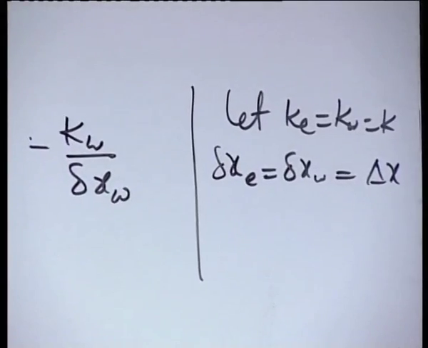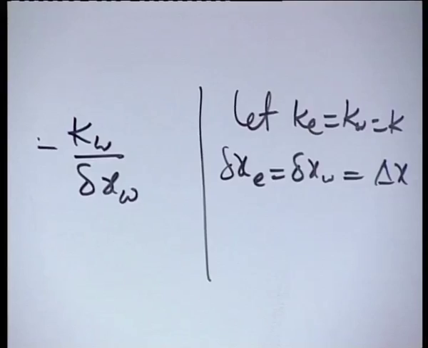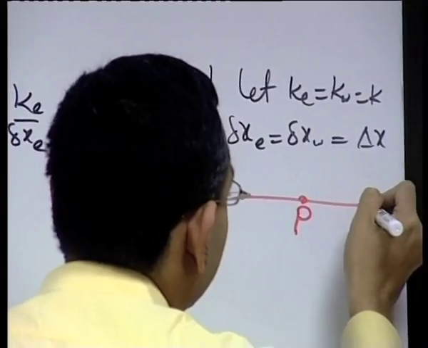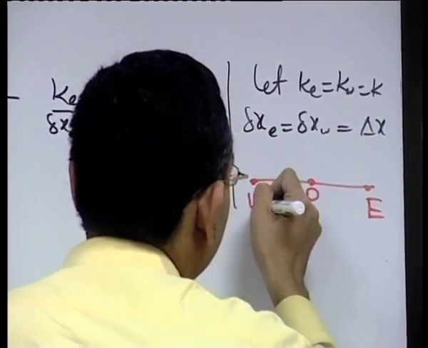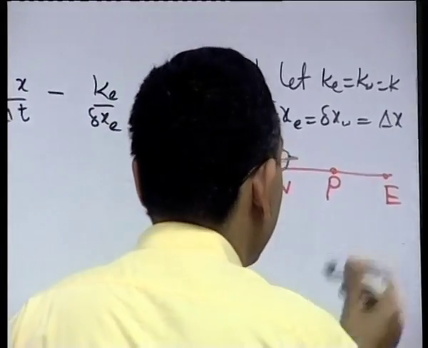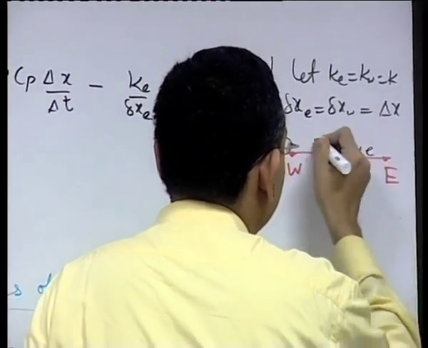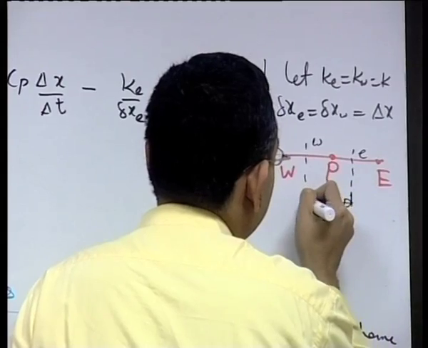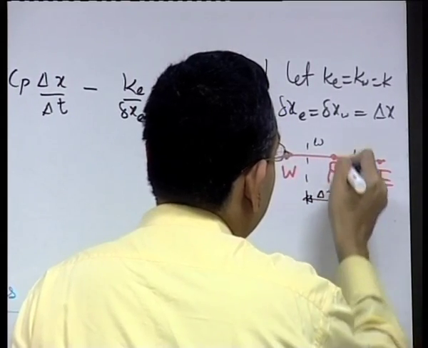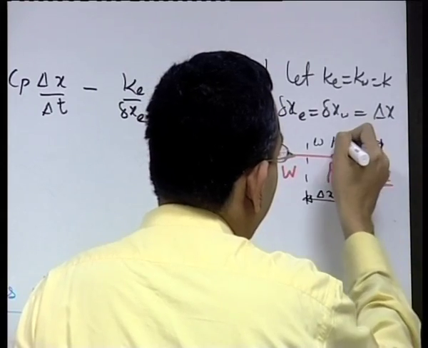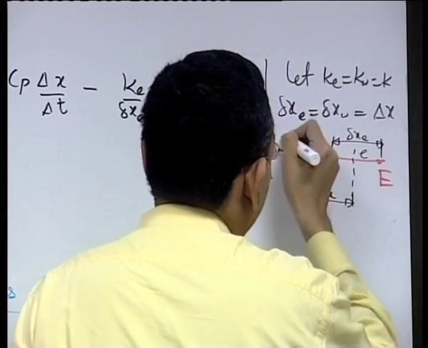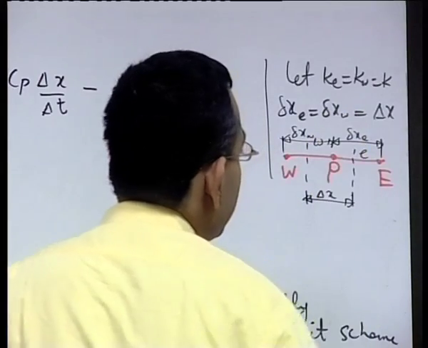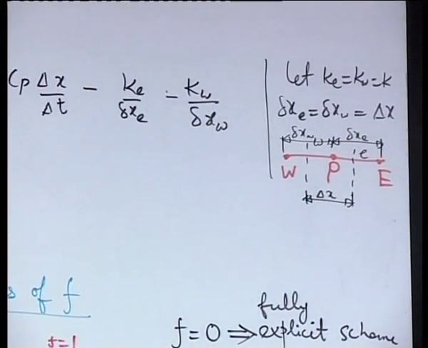So, what it means is, if we have a grid layout, this is delta x, this is delta Xe, so this is true when all the grid points are equidistant.